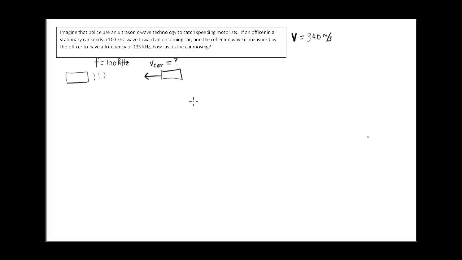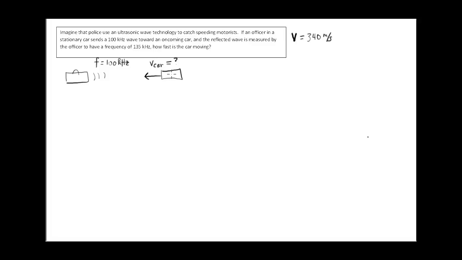Now the thing about this is we want to somehow connect the frequency of the incoming pulse to the frequency of the pulse that's reflected off the car and then received again over here where the officer is. And that actually involves two steps. The first step is we think of the officer as the source, which makes sense, and the car as the observer.